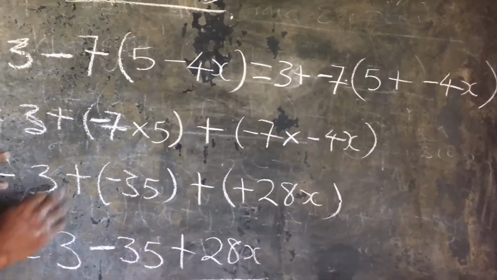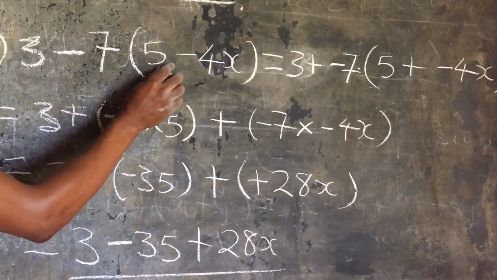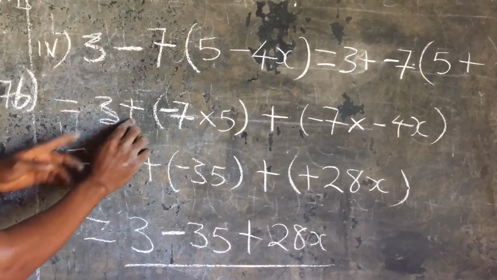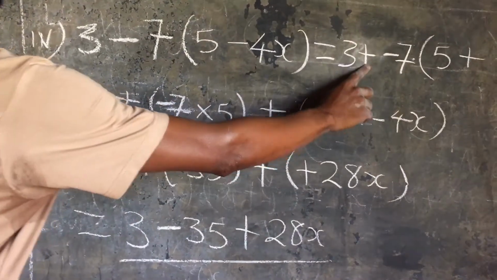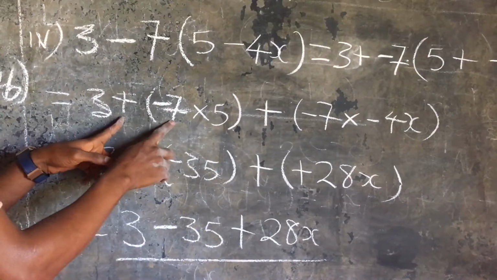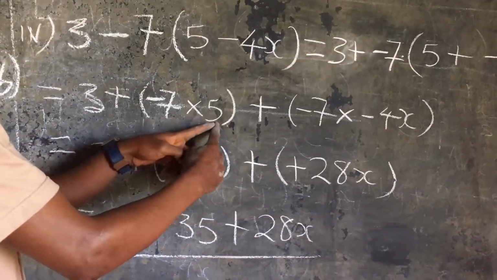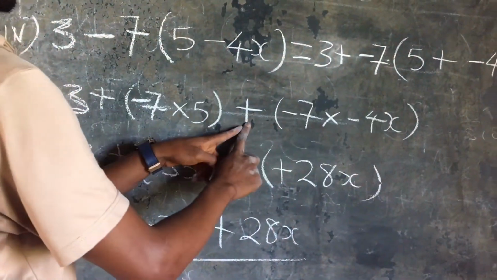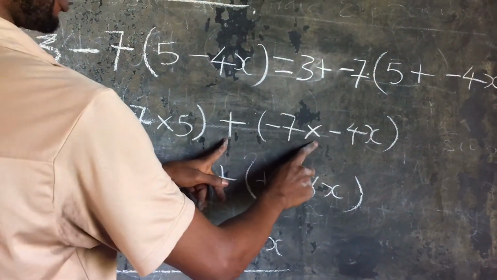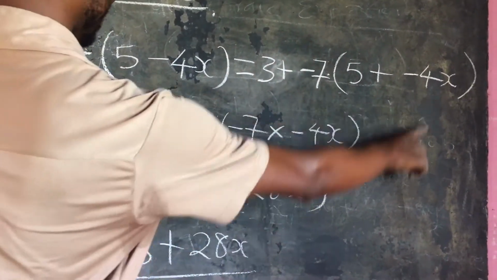So I multiply minus 7 by 5, and minus 7 by minus 4x.